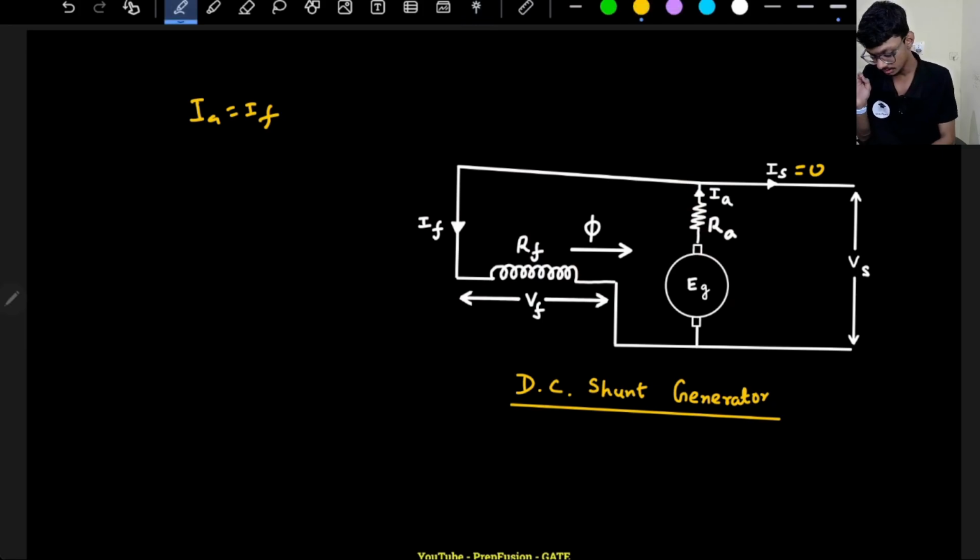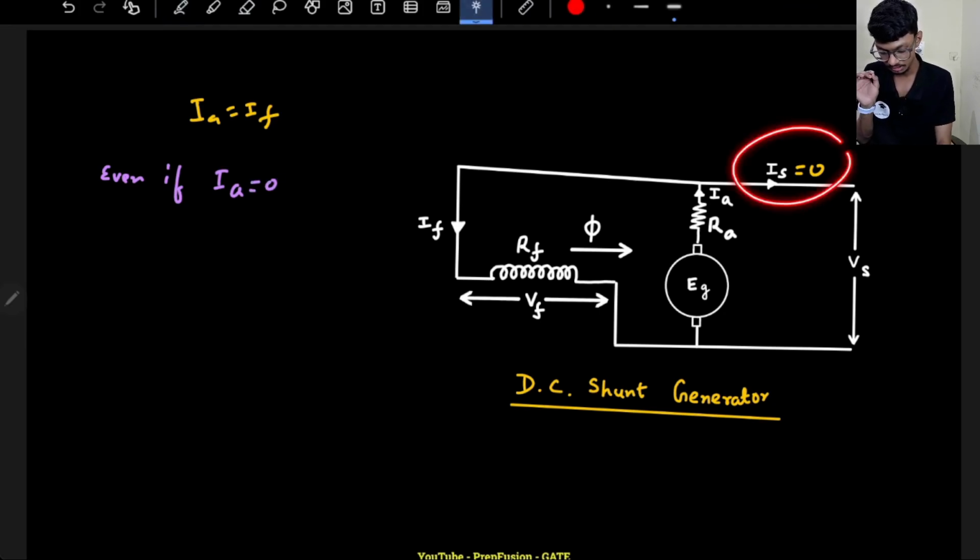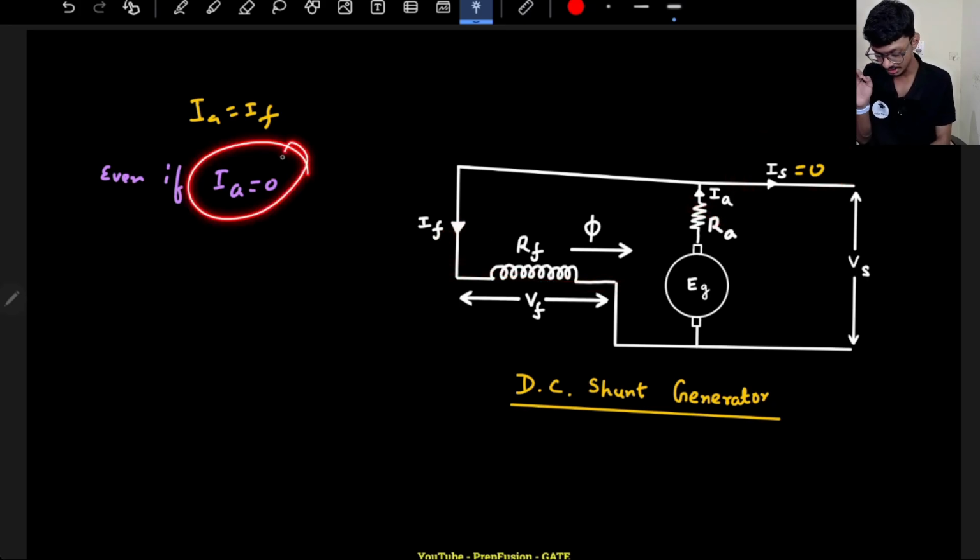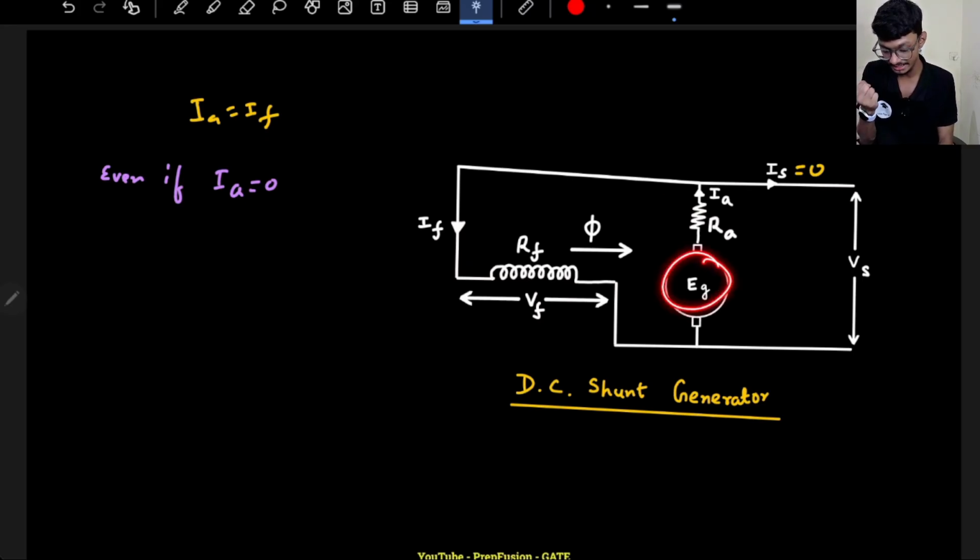So same thing, the armature current is 0. Why is it 0? Because there is no load connected, and this is a self excited machine. For armature current to be non-zero, whatever residual EMF it has must be more than the armature reaction drop and the IaRa drop, right?